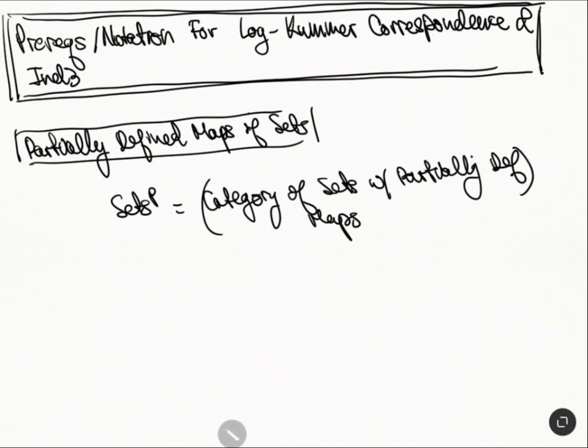And then the objects, of course, are going to be sets. And the morphisms are going to be partially defined maps.